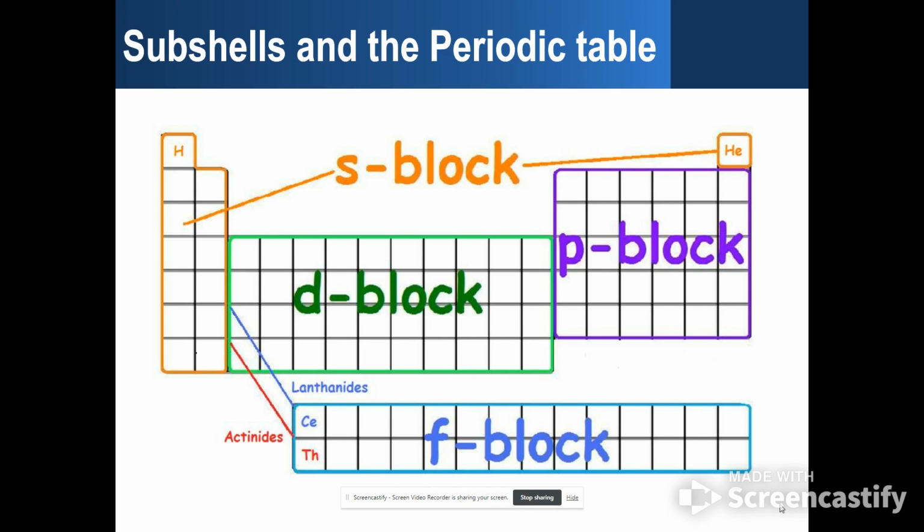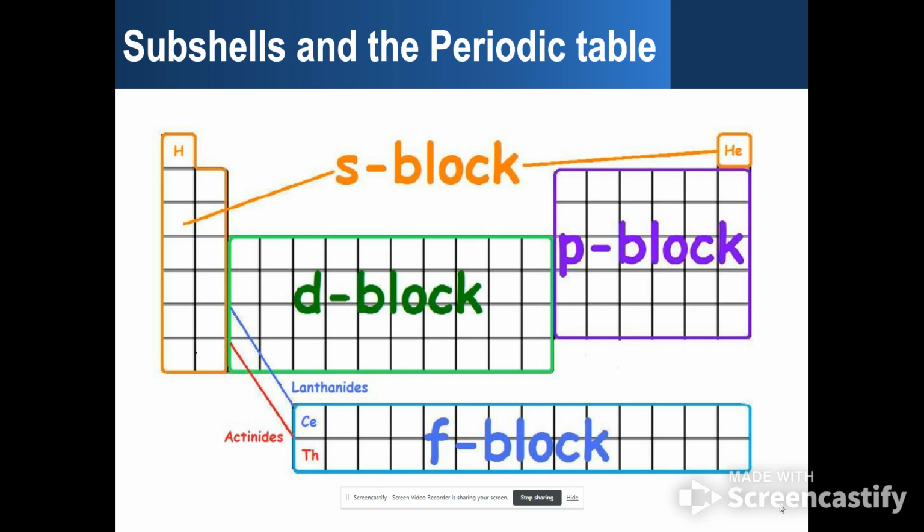Just to recap about the periodic table, we can divide it into the blocks, and this does come up frequently on the Unit 1 paper where you are asked to identify what block different elements are in. The S block is made up of group 1 and group 2, but also encompasses hydrogen and helium, so don't forget those.